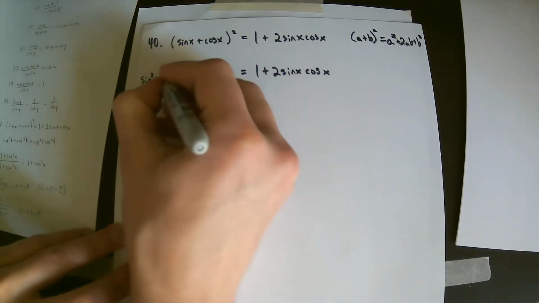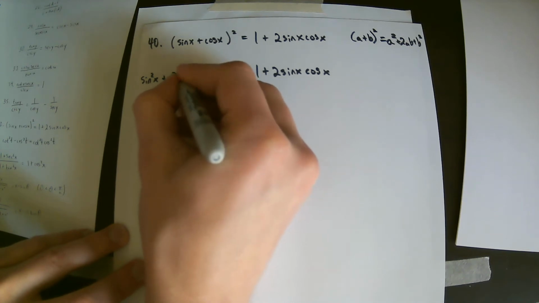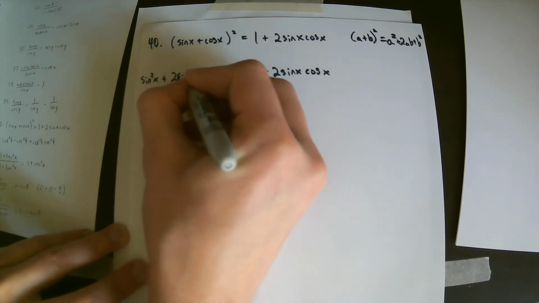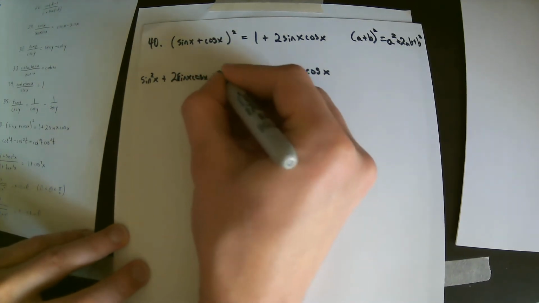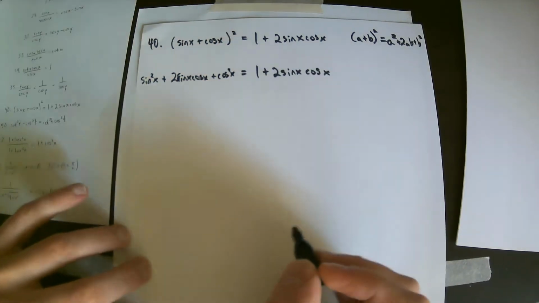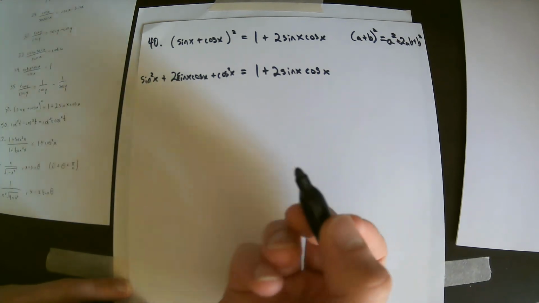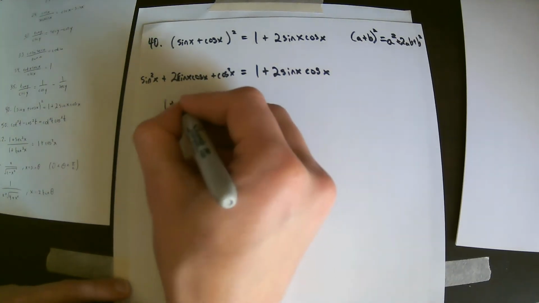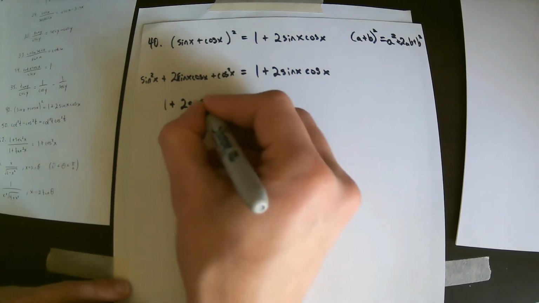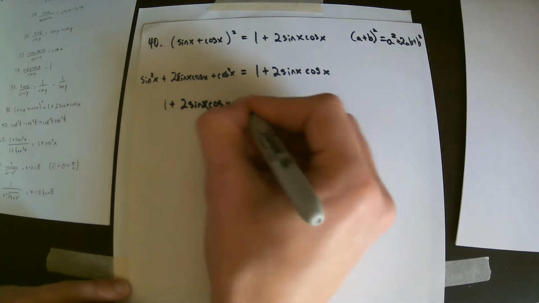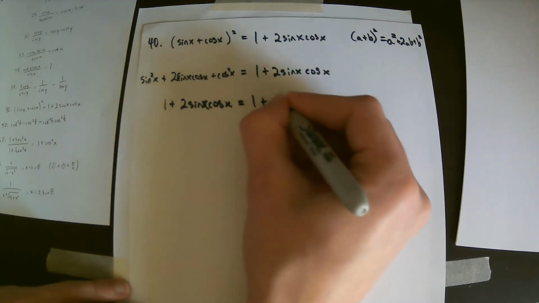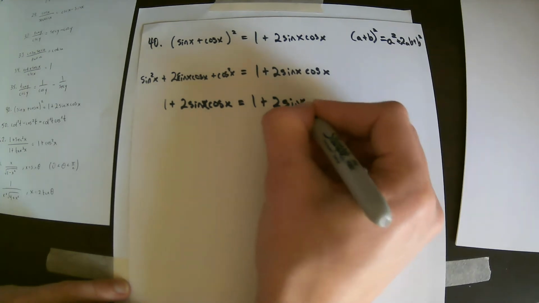So I'm going to have sine squared plus 2 sine x cosine x plus cosine squared x. But what is sine squared plus cosine squared? That's just 1. So I end up with 1 plus 2 sine x cosine x. And we have equality.